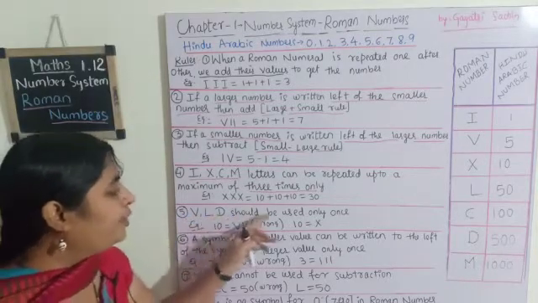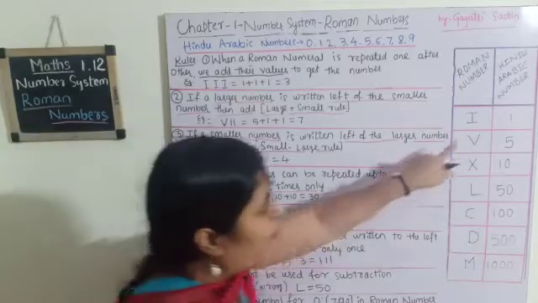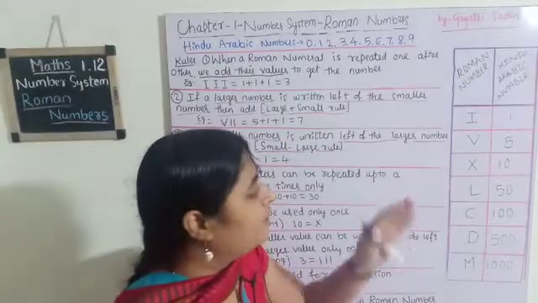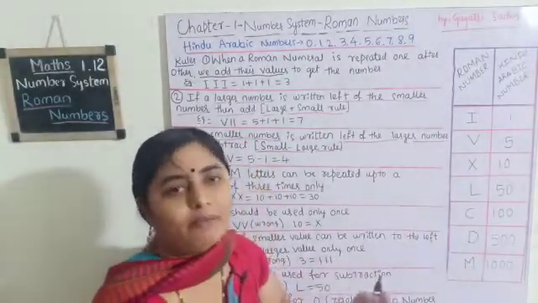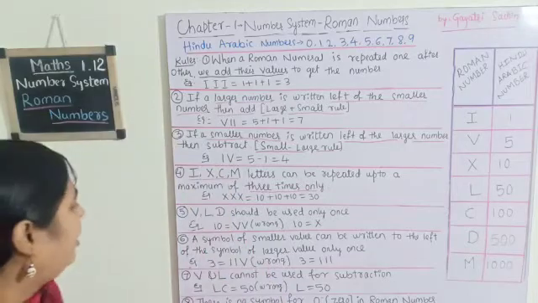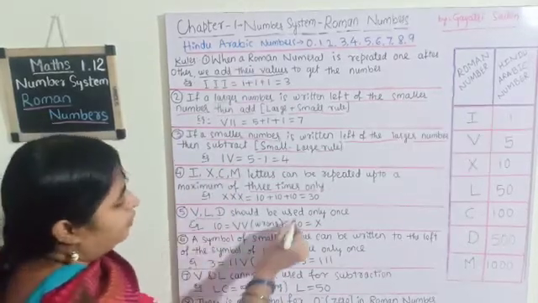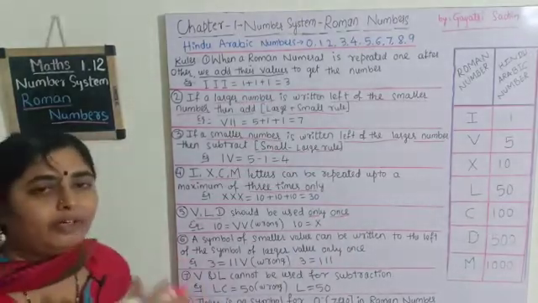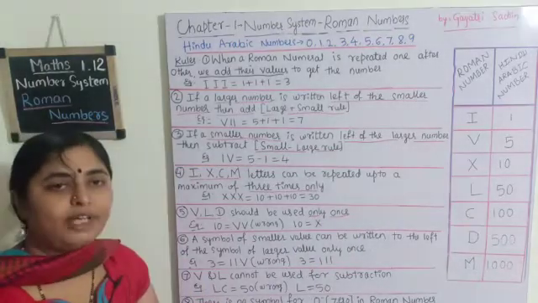Next, V, L, D should be used only once. That means 5, 50, 500 can be used only once. They cannot be repeated. Whereas 1, 10, 100, 1000 can be used 3 times.